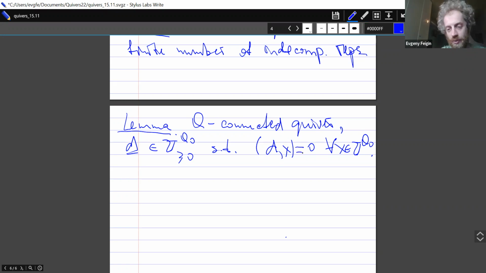This is like what Andrei asked at some point, whether the form can be degenerate or not. So let us here just assume that it is degenerate, and let's try to understand what it means for the quiver. Then the following holds true.